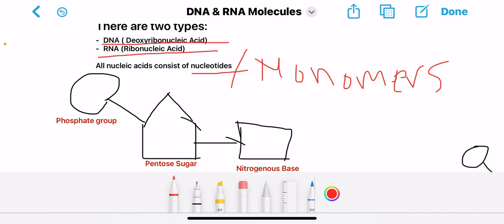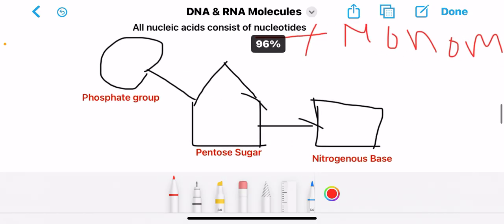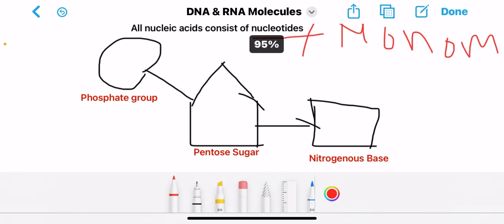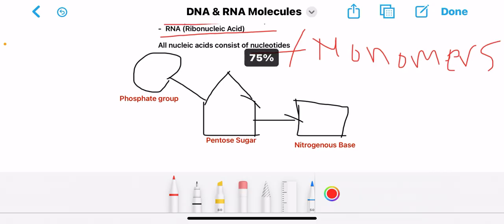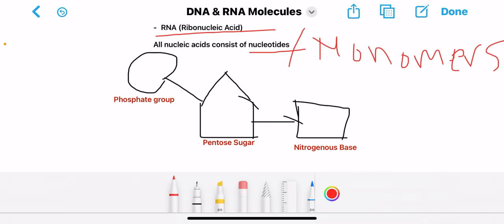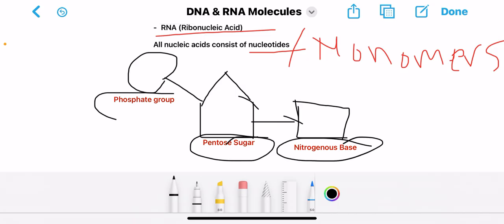So now, here is the structure of a nucleotide. The nucleotide, as I have said, is a building block consisting of sugar, a nitrogenous base, and what? Phosphate group.